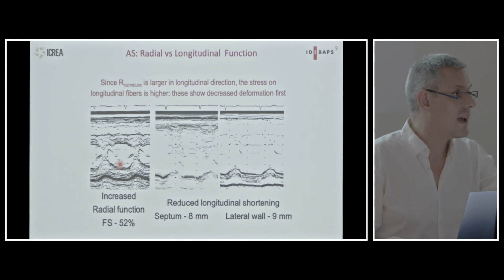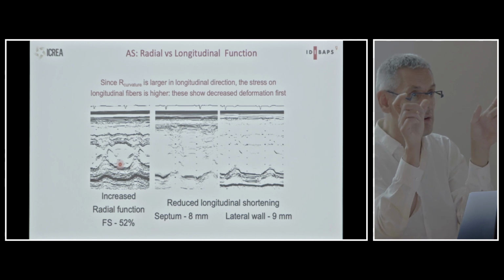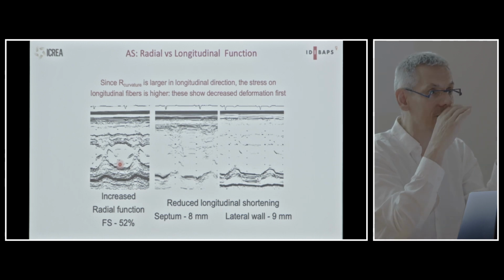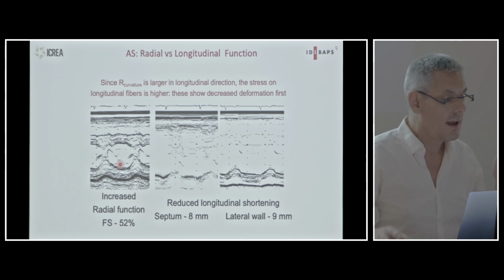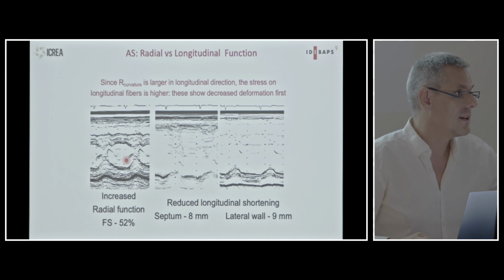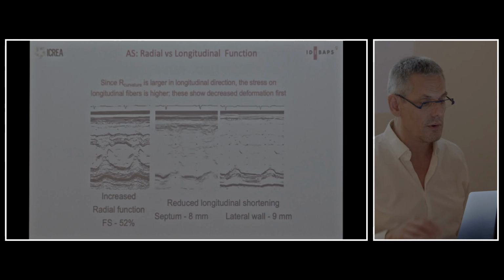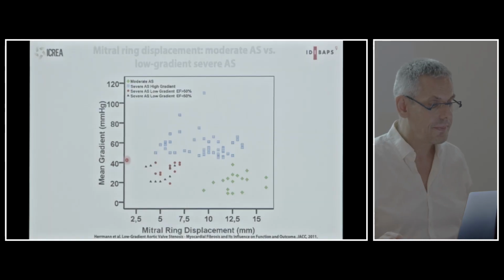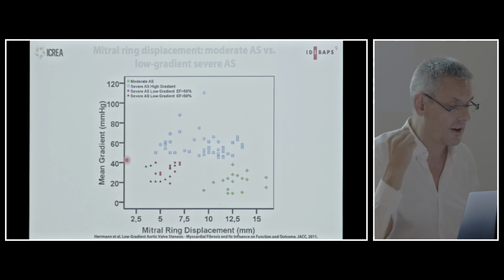So looking at this radial fractional area change, as I also mentioned before, comparing it to the longitudinal is very important, because aortic stenosis has maintained or potentially even increased ejection fraction, but it's only because of this compensatory increase in the circumferential function, while longitudinal function is down. So it really is the longitudinal function that we should look at, and by doing this, we can try to understand these etiologies much better.